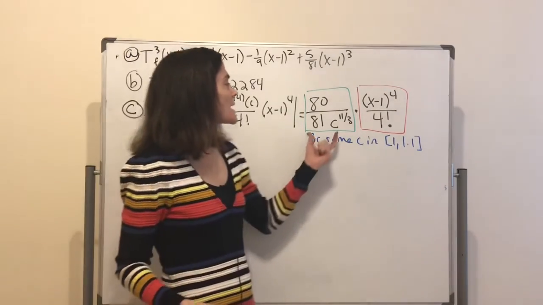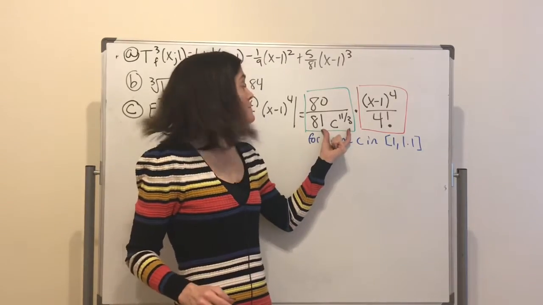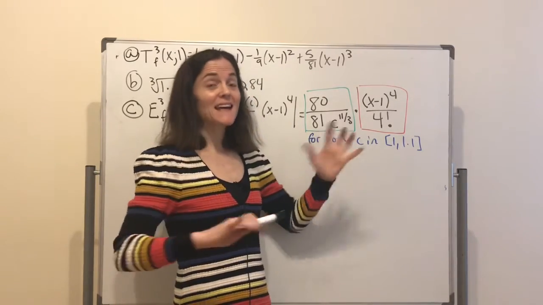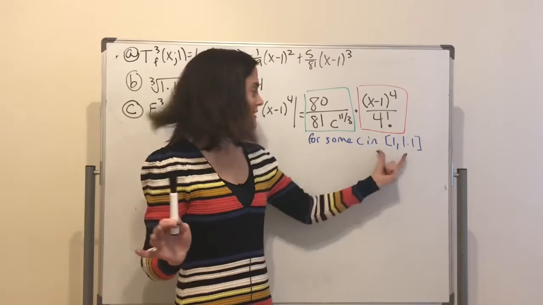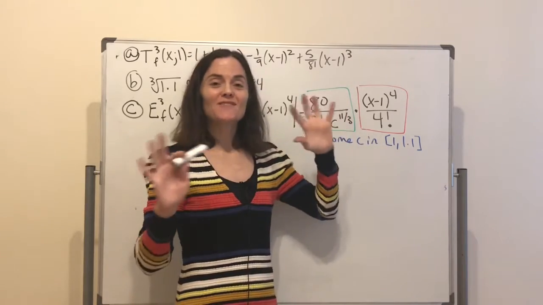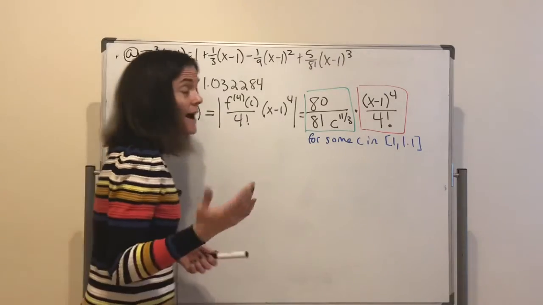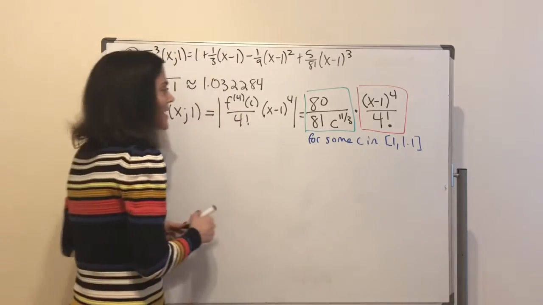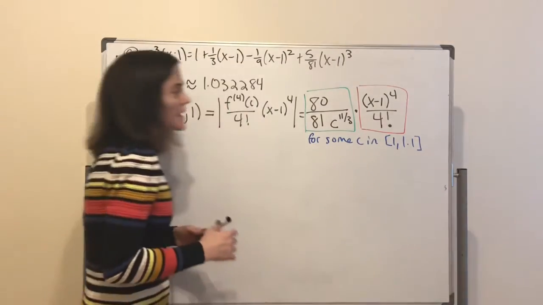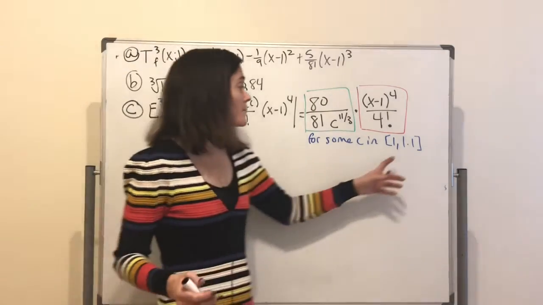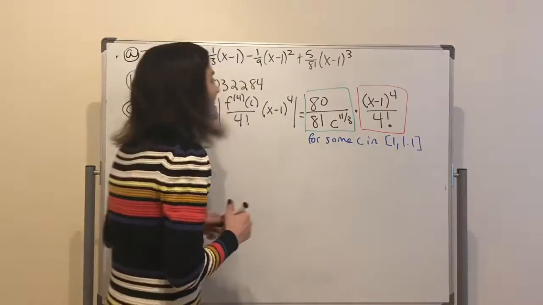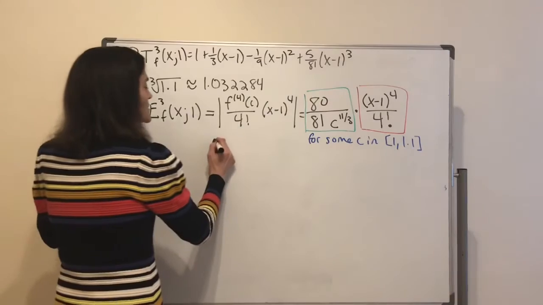What I was saying, we want to independently make this in green as big as possible on our interval, and in red as big as possible on our interval. The red I'll do first because I started talking about that. The biggest it can be is at 1.1. You go as far away from the center as possible.